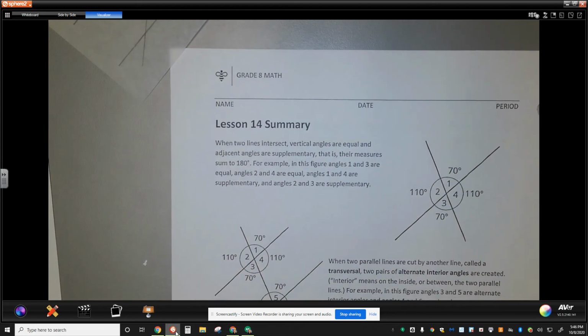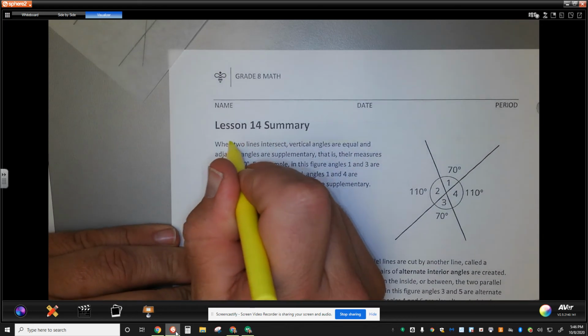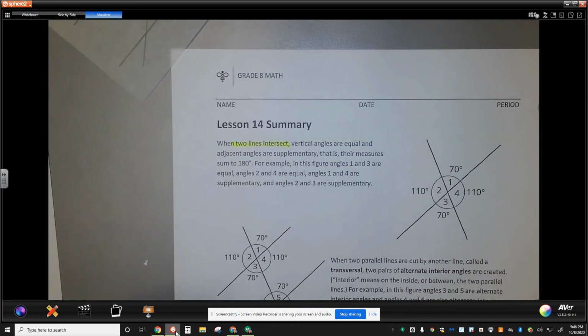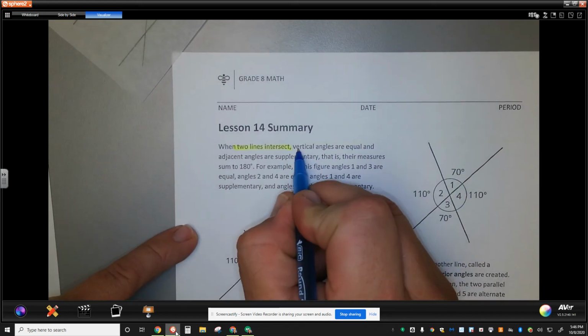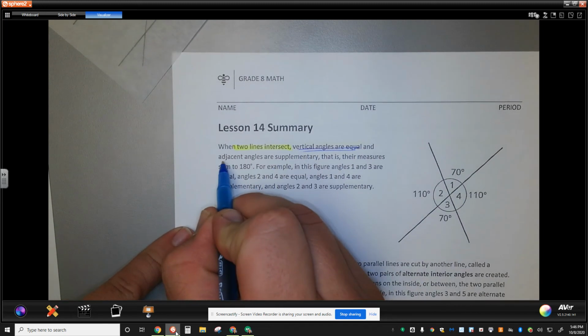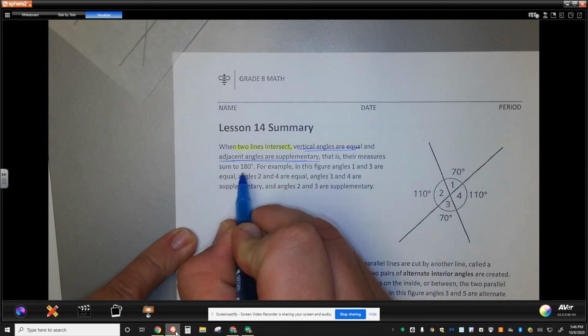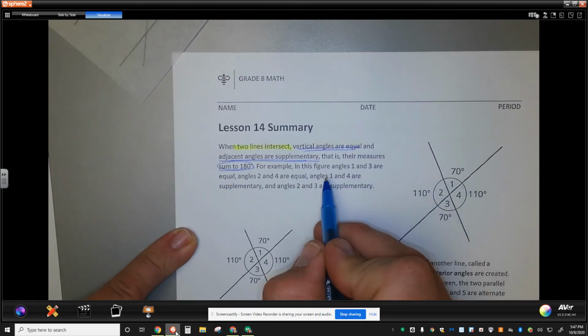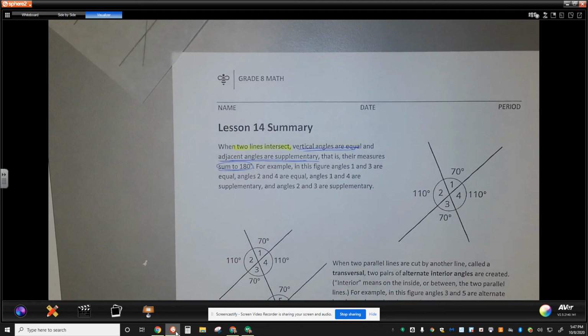So to recap, here's a couple things to remember. When two lines intersect, we have a bunch of things that happen. First off, we end up with vertical angles that are equal, and adjacent angles that are supplementary, meaning they add up to 180 degrees, and we can find those angle measures fairly easily.